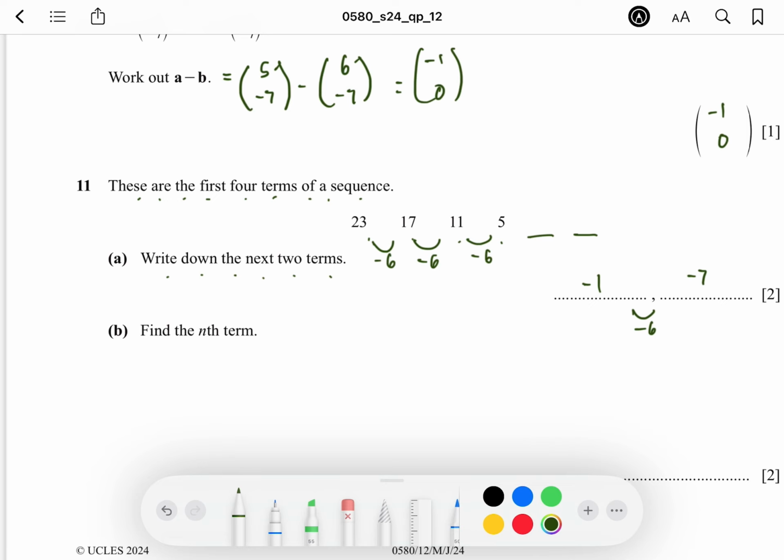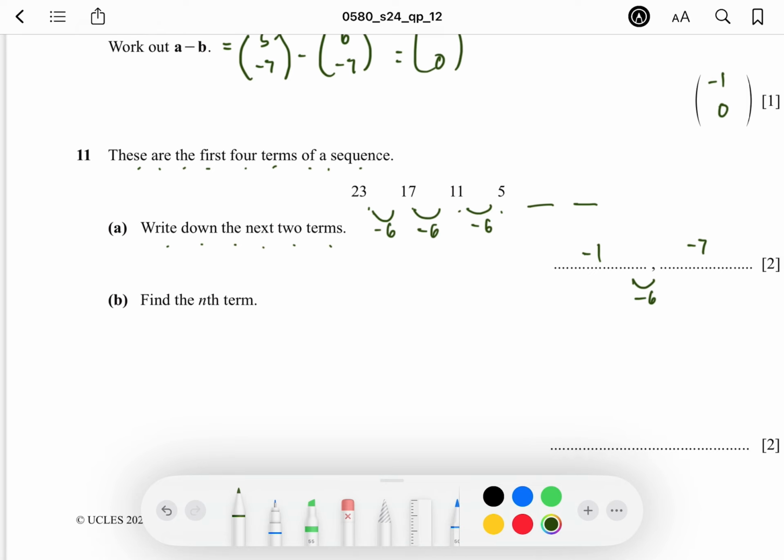Okay. The end term. Lupa end term. Pakai ni. Artinya minus 6 and plus apa? 29. Mana dapat 29? Sini.